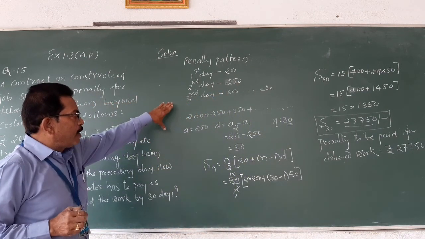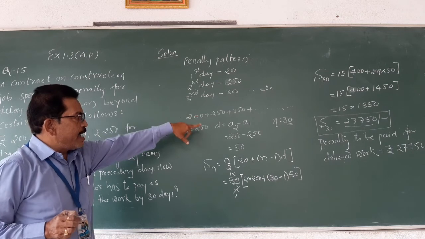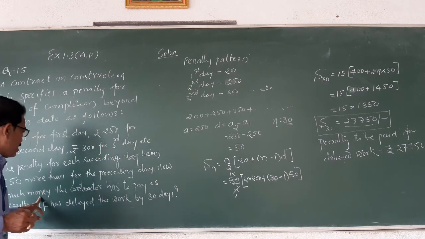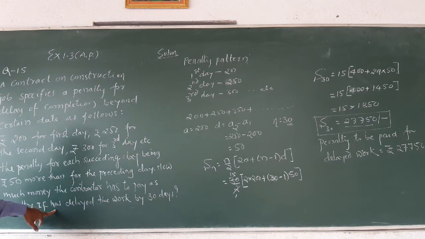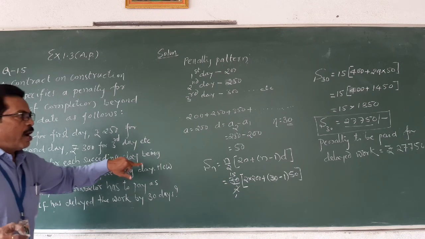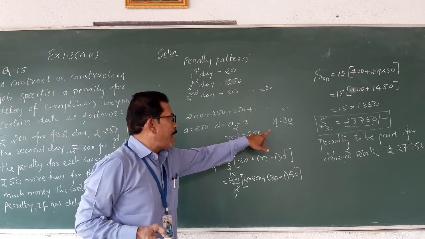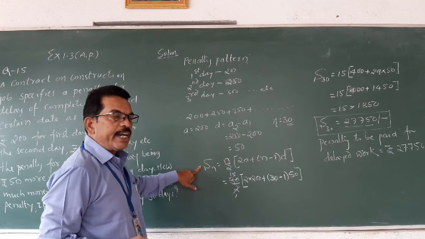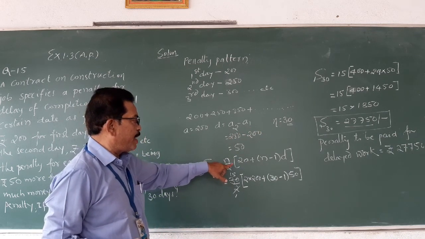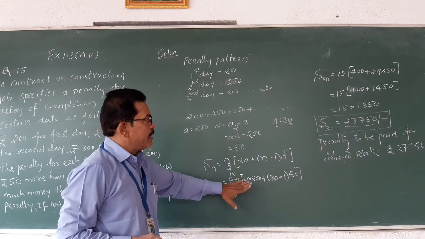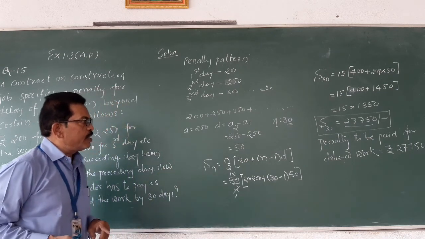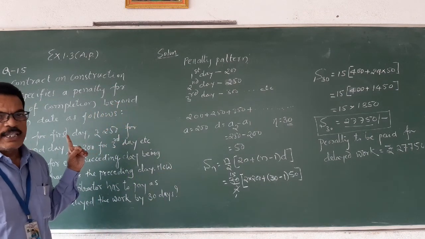So we have calculated the first term as well as d, then n equals 30 because they have asked us to calculate the penalty for the delayed work up to 30 days. So we have considered n as 30 by using the well-known formula related to sum to n terms, that is Sn equals n by 2 into 2a plus n minus 1 into d. This is the procedure of simplification. So once again you observe this one. Let us move to the second one.